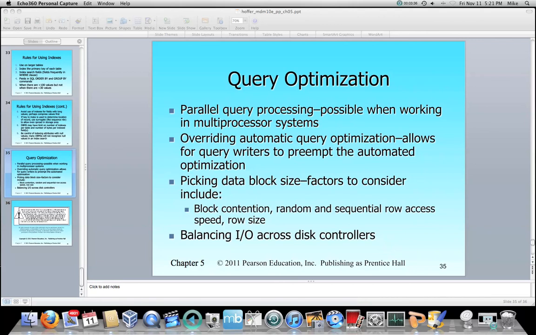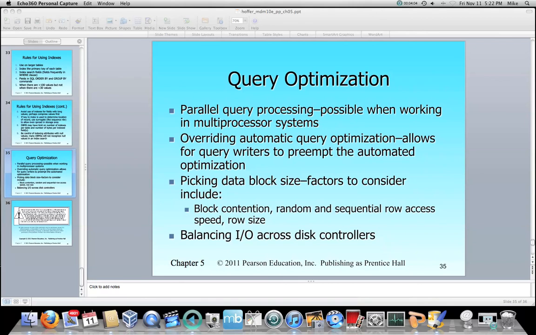And the other thing is balancing input-output across disk controllers. I mentioned this in a different video lecture, but if we have data that we have partitioned, we call it striping across disks. So I have one table that's partitioned out amongst 50 different hard disks or secondary storage devices.